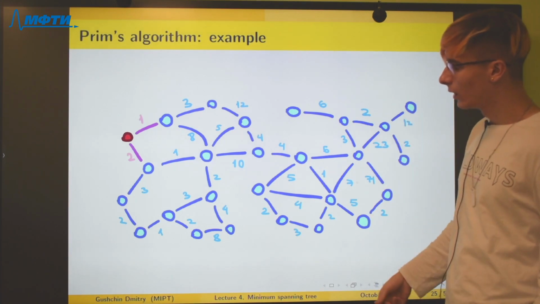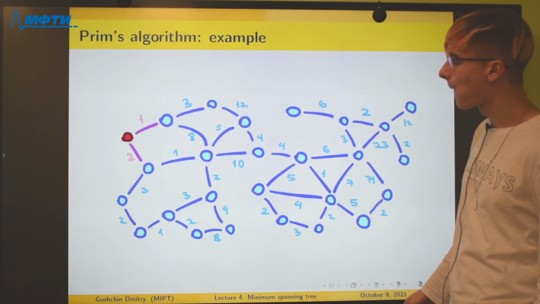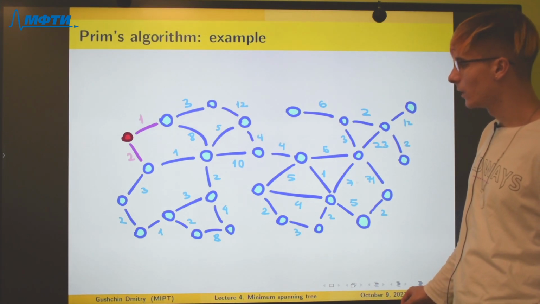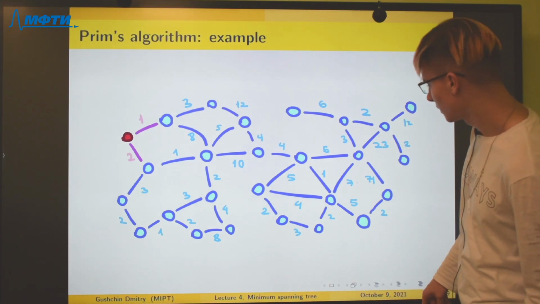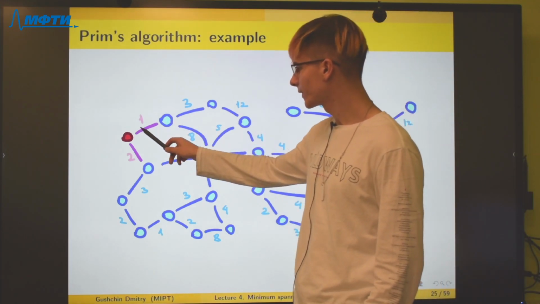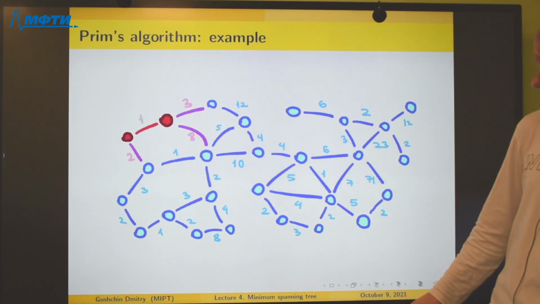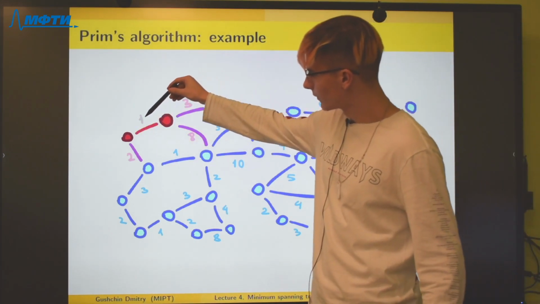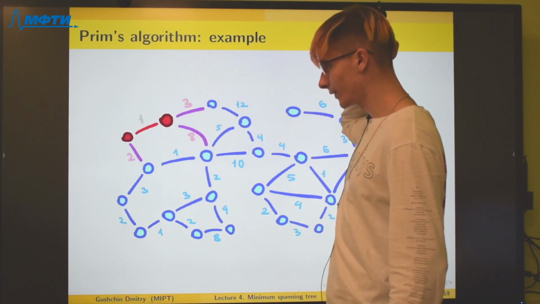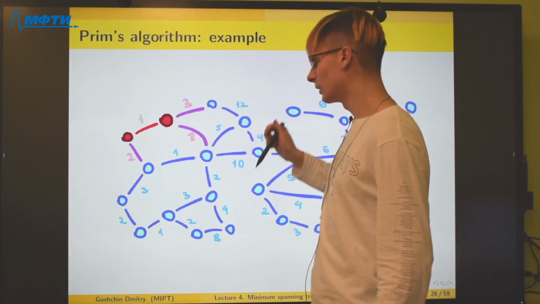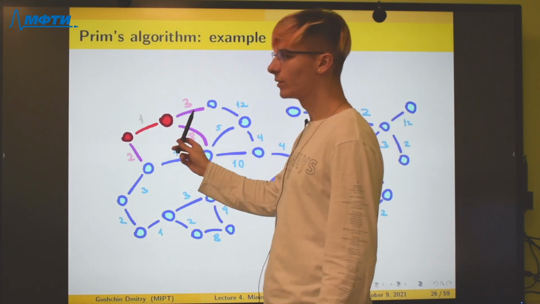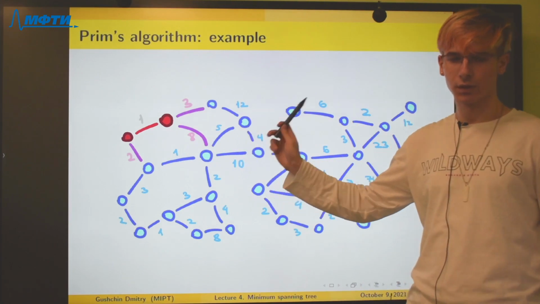And then when we add different vertices, for example this, we can say for this vertex the minimum is equal to 2, for this equal to 3, and so we can find the minimum of edges from the minimum for each vertex in this tree.